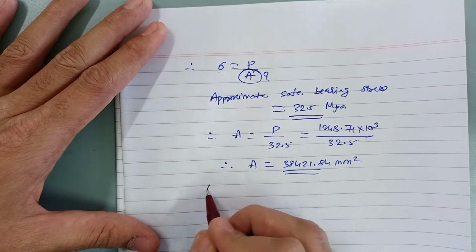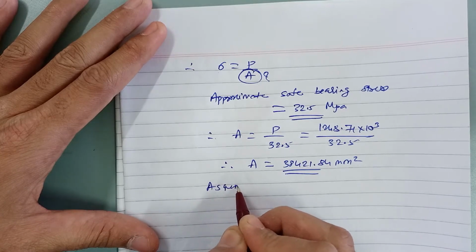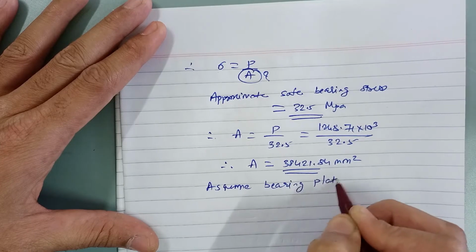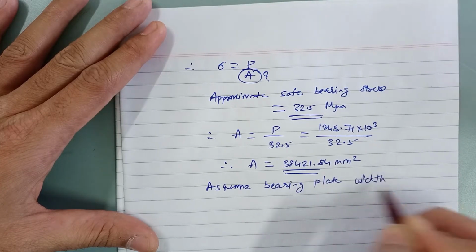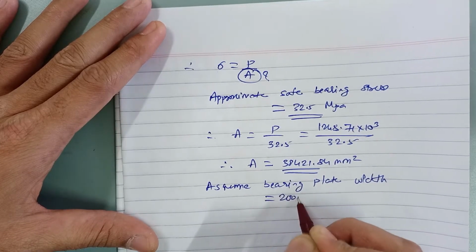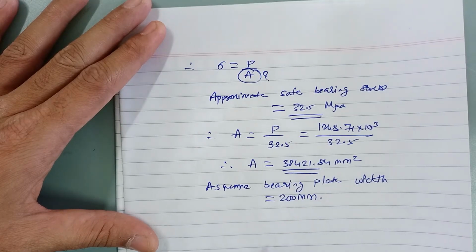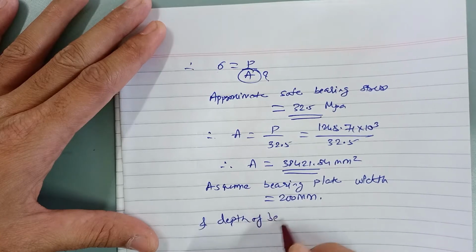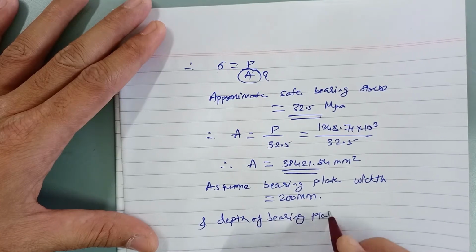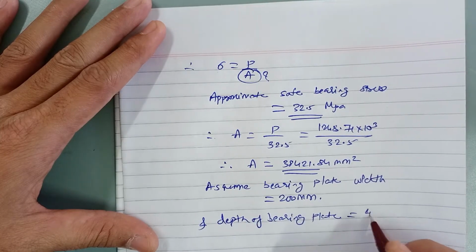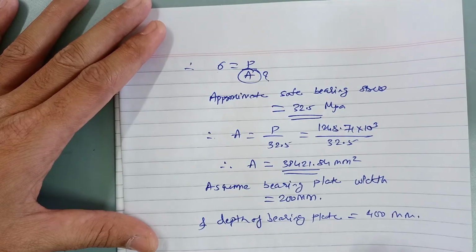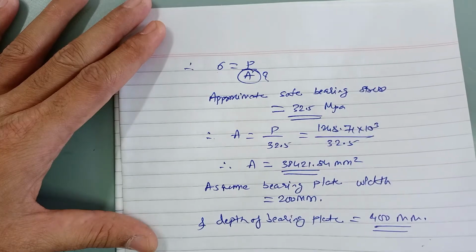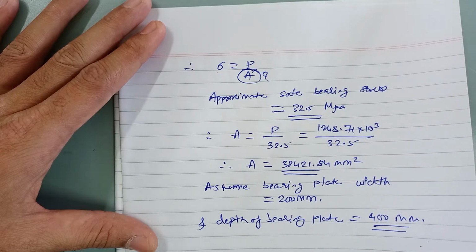Now assume bearing plate width is equal to 200 mm and depth of bearing plate equal to 400 mm.